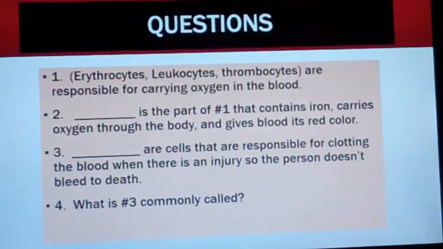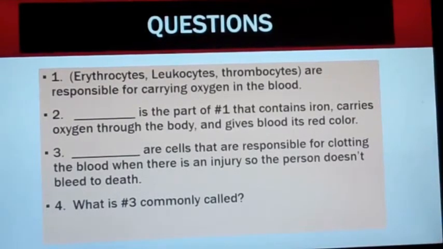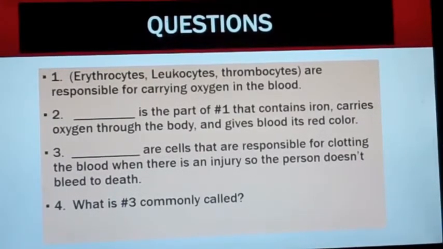Questions. Number 1. In this group, one of them, erythrocytes, leukocytes, thrombocytes, is responsible for carrying oxygen in the blood. Number 2, blank is the part of number 1 that contains iron, carries oxygen through the blood, and gives blood its red color.